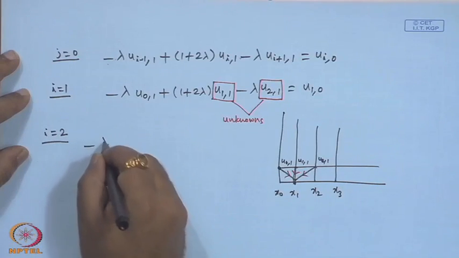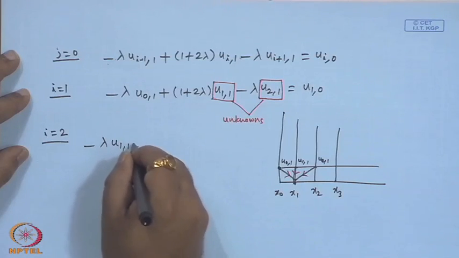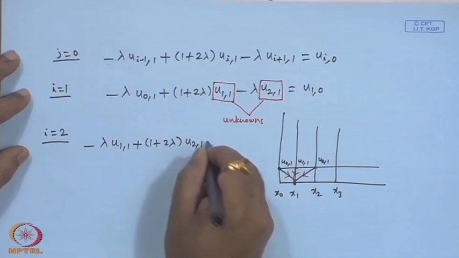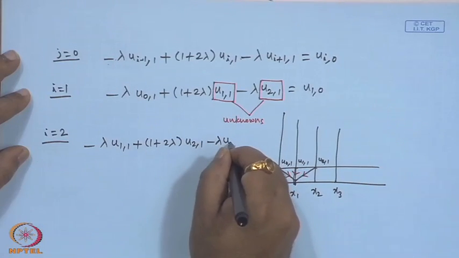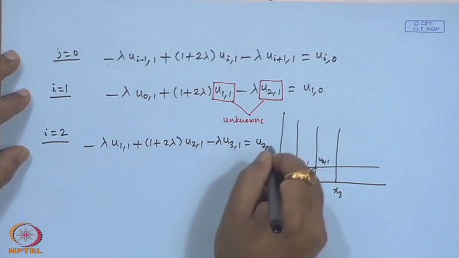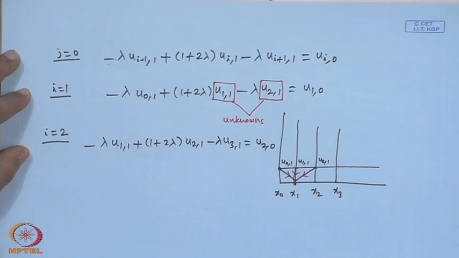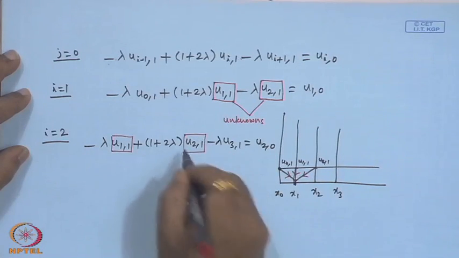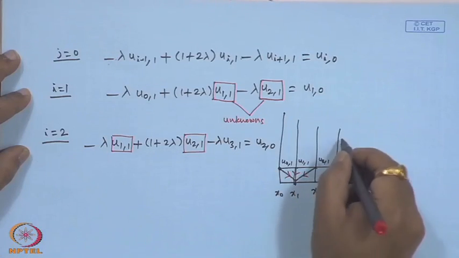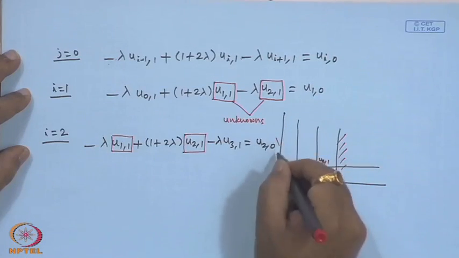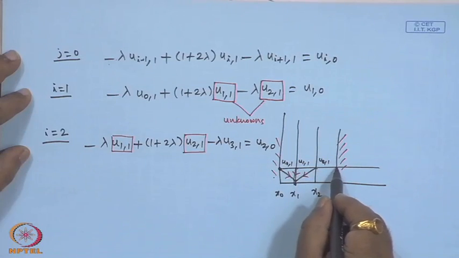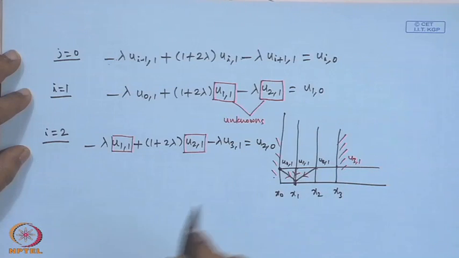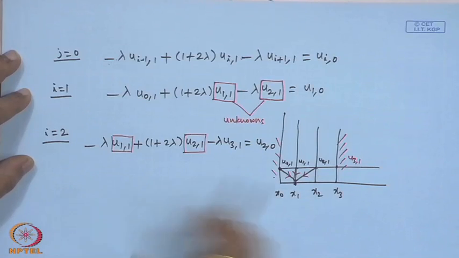So, then we get, and here what are the unknowns? And assuming this is boundary in this case. So, u 3 1, this is u 3 1. So, this should be known quantity. Okay.